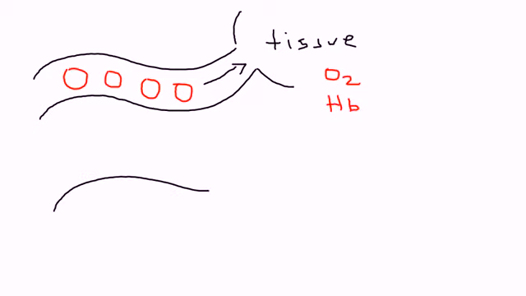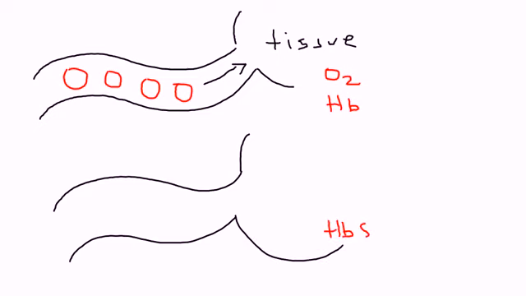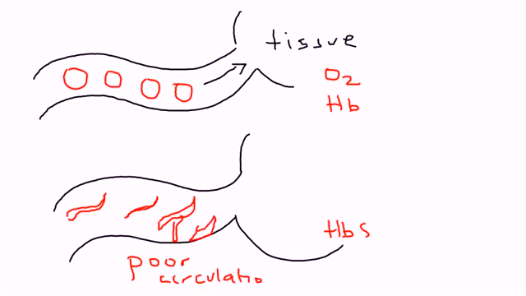But in sickle cell anemia, you've got a mutant hemoglobin, and that causes these red blood cells to now be sort of sickle shaped, and that can cause poor blood flow, poor circulation, because they clump up and they stick to the sides of the blood vessel, and that poor circulation can lead to ischemia, which is poor blood flow, and then eventually, if the blood flow is completely blocked, infarction. Okay, so that's a very fundamental thing to understand.